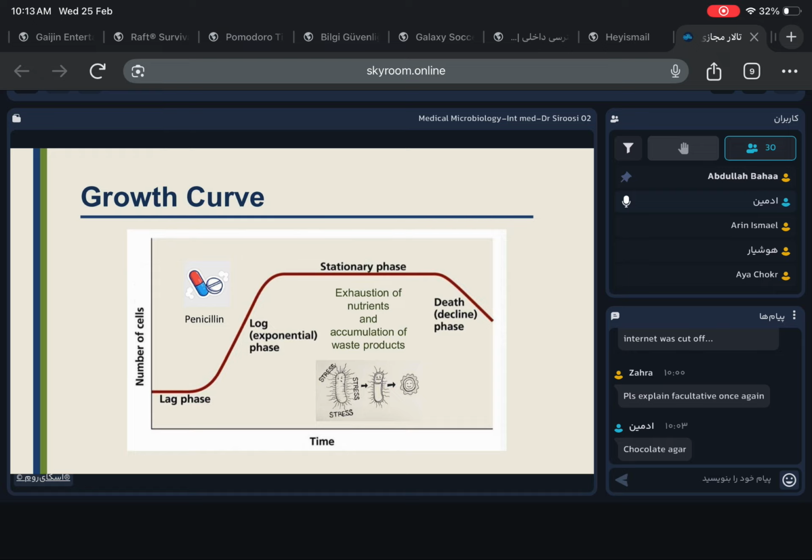So during the stationary phase, the concentration of these waste products has increased inside the culture medium, and these waste products have negative effects on bacterial growth, and that's why we don't see an increase in the number of cells.